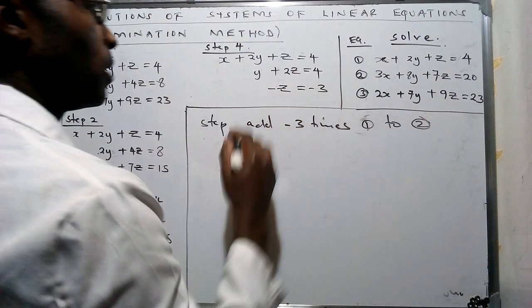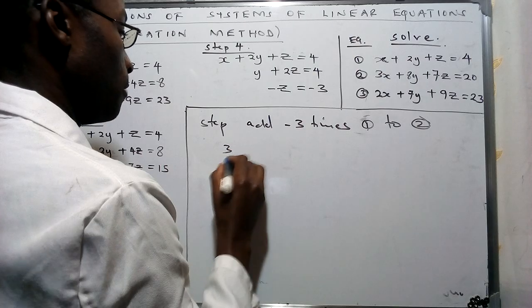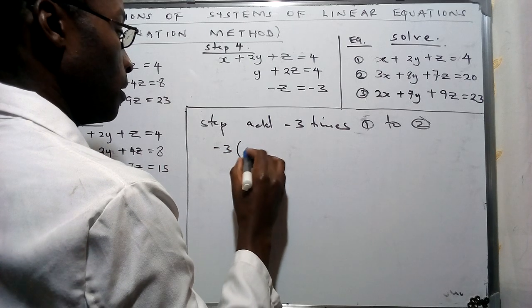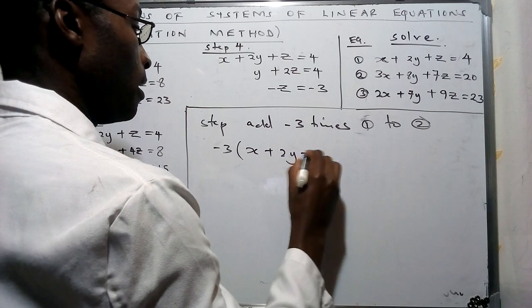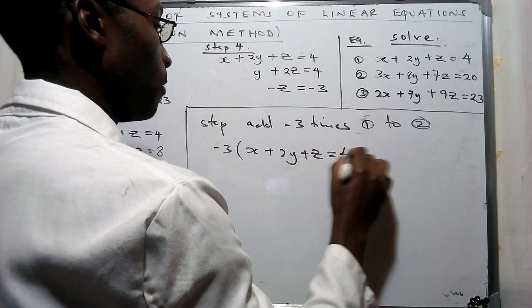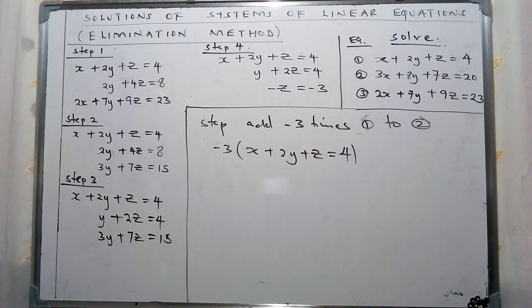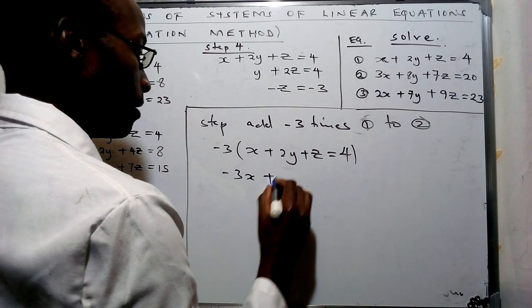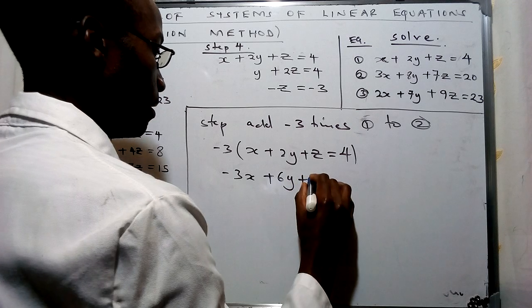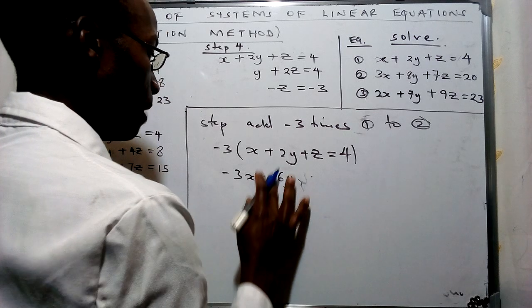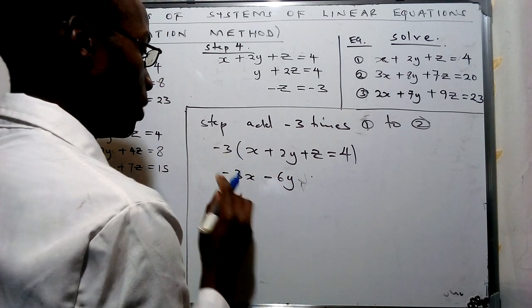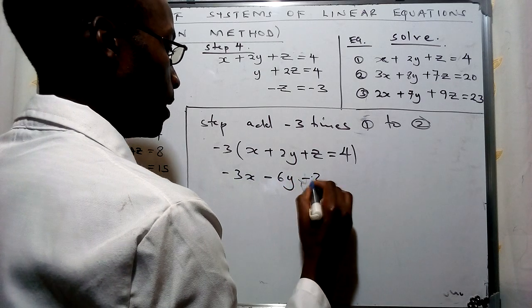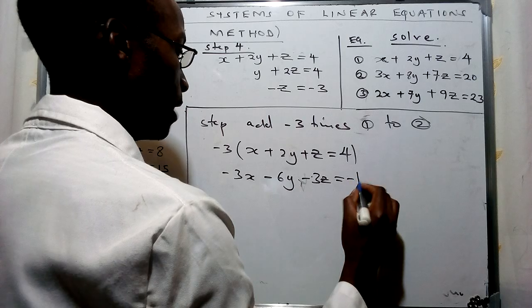So we're going to evaluate negative 3 times the first equation, which is x plus 2y plus z equals 4. This is going to give us negative 3x minus 6y minus 3z equals negative 12.